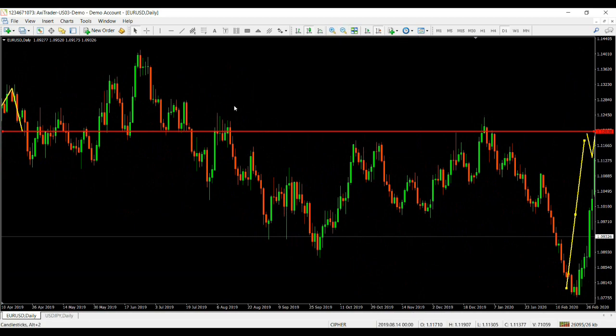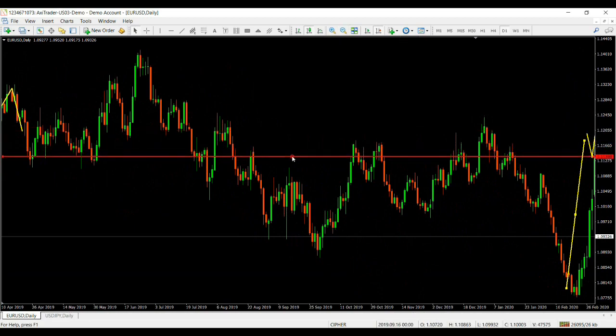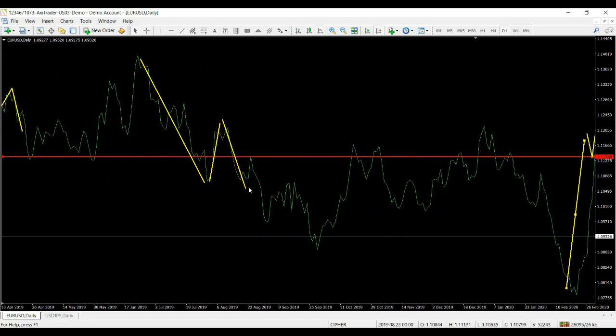See here, the same price. When the price touches, the price has been going up and down, again goes down, goes up, goes down.